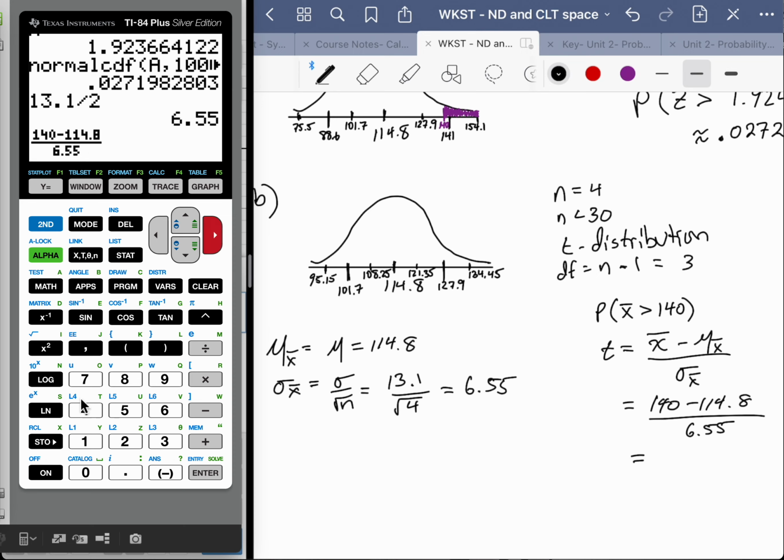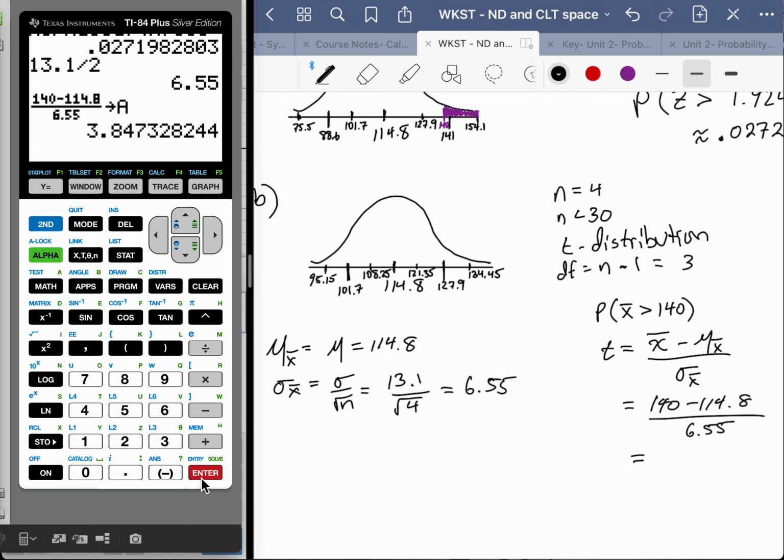We could get this decimal value, or we could store it all in one shot. If you write it store as A, it'll give you the decimal and also store it as A, which I think is kind of cool.